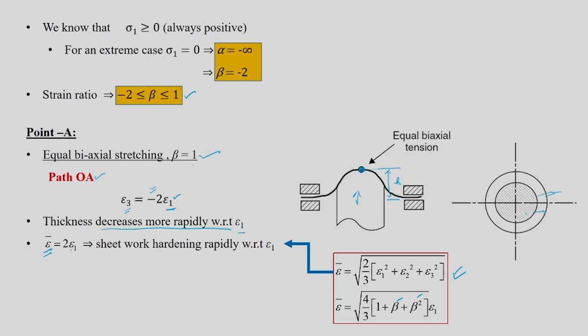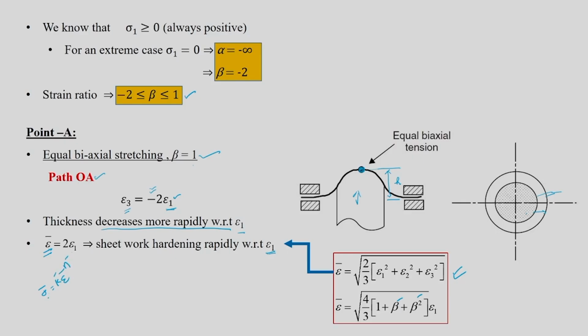What does that mean? That means the sheet is going to work harden rapidly with respect to epsilon 1. You give strain in principal direction 1 and you calculate it, but you will see epsilon bar, the effective strain, will be twice that. So now you can get epsilon bar from this, and sigma bar is equal to k epsilon power n; you can substitute constants k and n and get sigma bar.